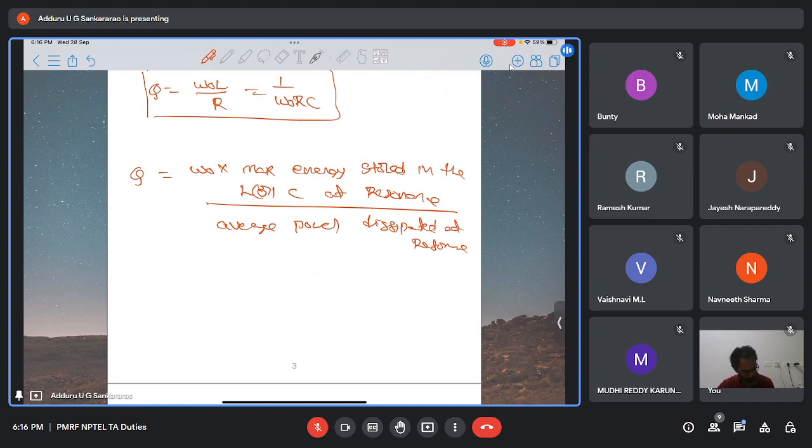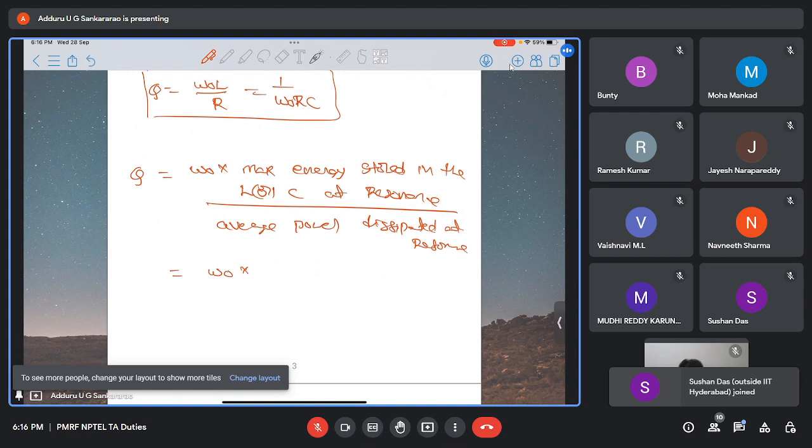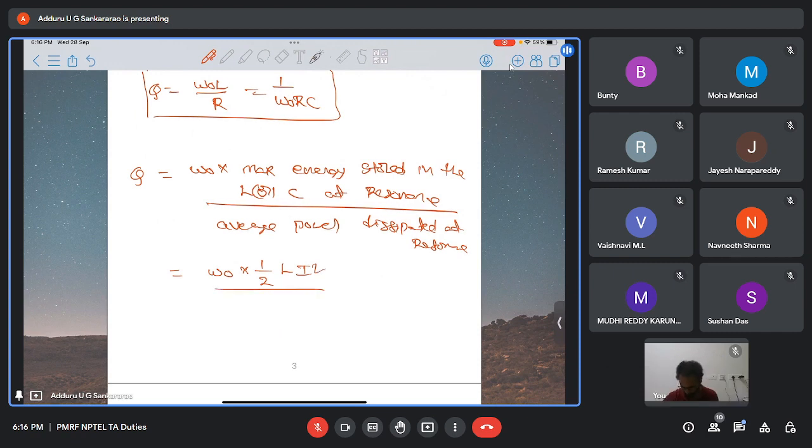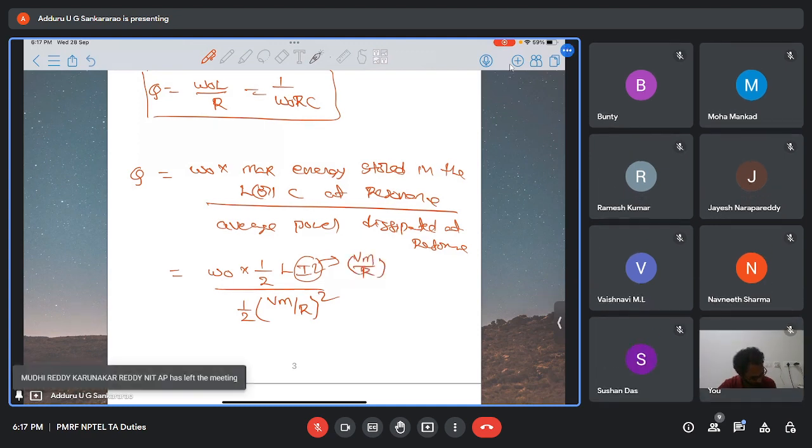So omega naught into energy stored in the inductor, we can say half L I square, by average power dissipated, which is Vrms square by R. The maximum current is when the voltage is maximum, that is Vm, so Vm by R is the maximum current.